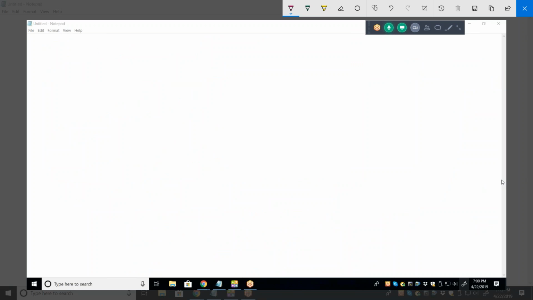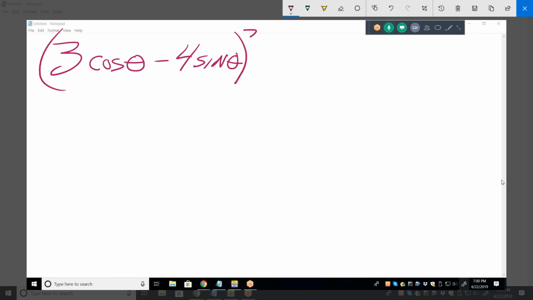Let's see. Let's do (3 cosine theta minus 4 sine theta) squared. Squared like that? Sorry, the whole expression, so parentheses squared. Yeah, sorry. Okay.